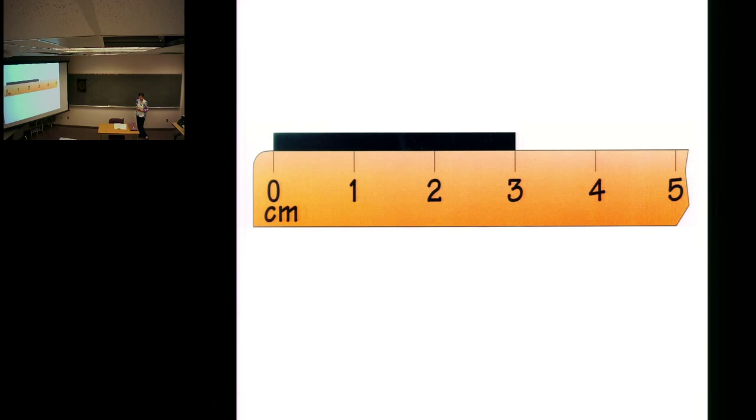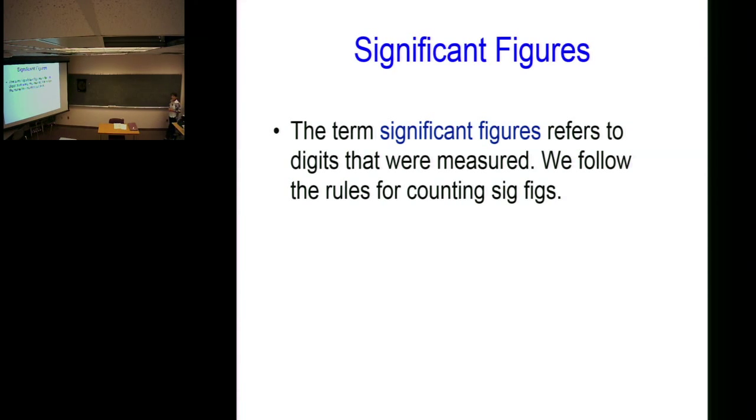Remember, we're taking measurements. It's all the marks plus one estimated digit between marks. So those digits become important. They say something to us about accuracy. So we have to count what's called significant figures, and that is what we are going to learn how to do.